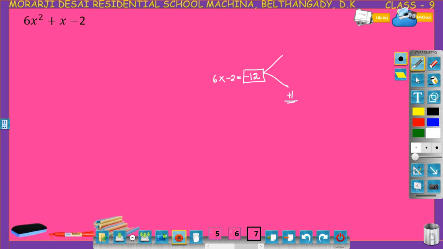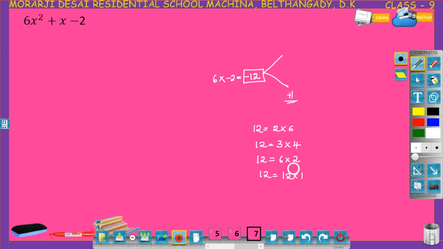Now write the factors of 12. 12 is equal to 2 6s are 12. 12 can be written as 3 4s are 12 and 4 3s are 12. 12 can be written as 6 2s are 12. 12 can be written as 12 ones are 12. So these many factors are there for 12.